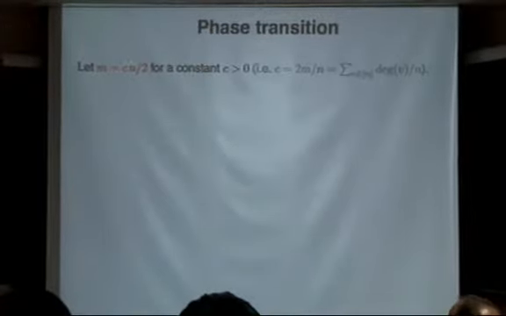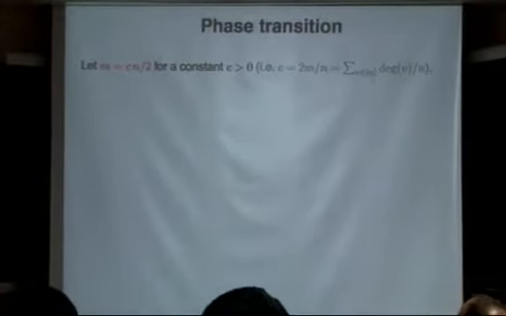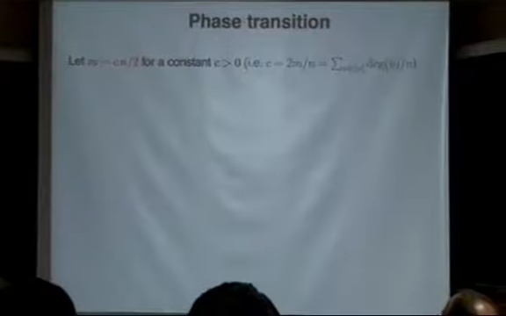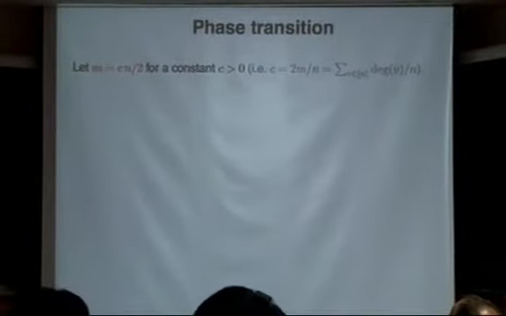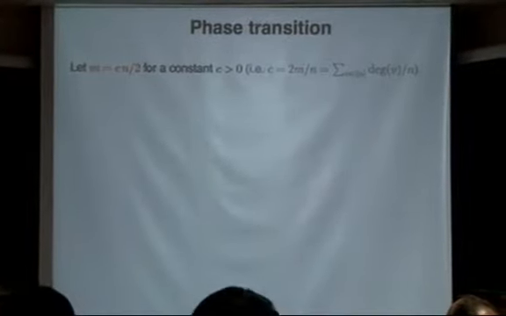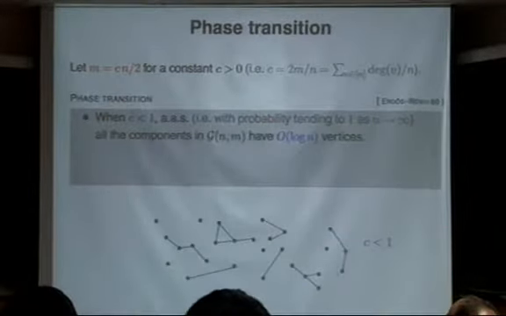In other words, c denotes the expected number of neighbors of a random vertex. And Erdős-Rényi described the following phase transition phenomena.